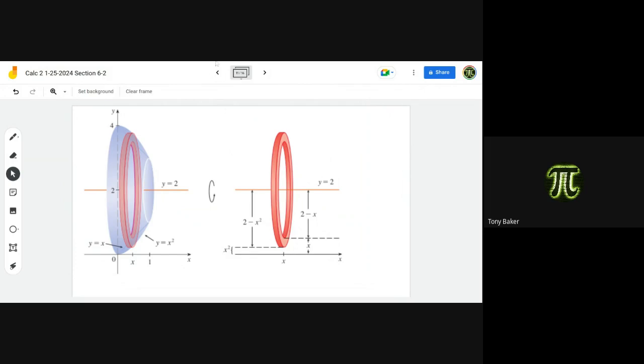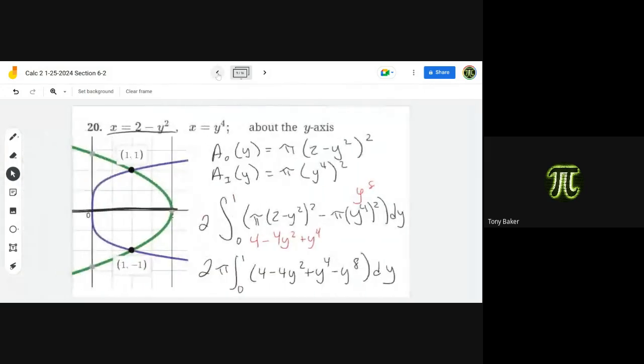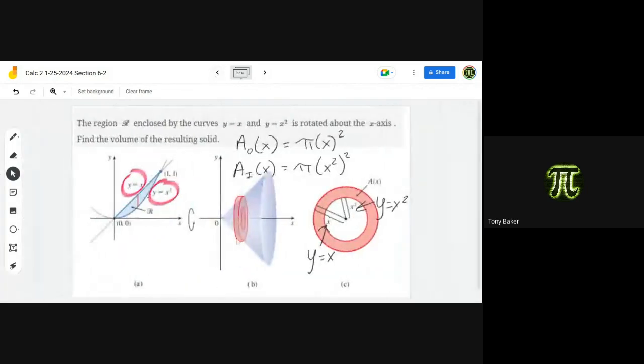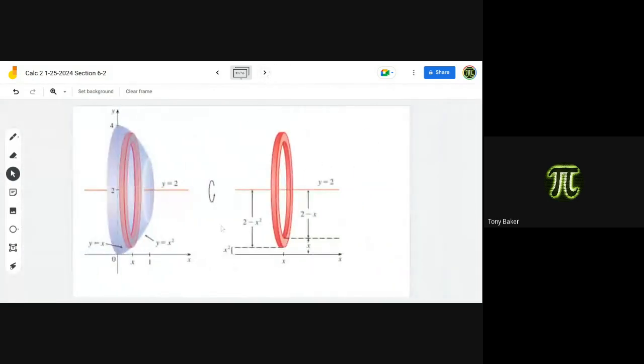This one was rotated around the x-axis, and we got a shape that looked like that. We're going to do the exact same thing, except we're going to rotate it around y equals 2. It's still y equals x and y equals x squared, and we're still doing it between 0 and 1.